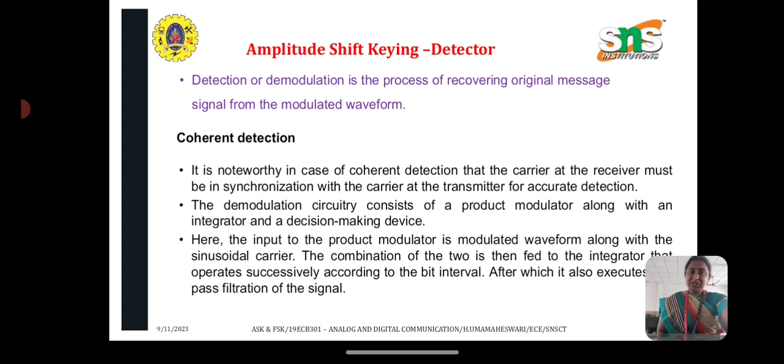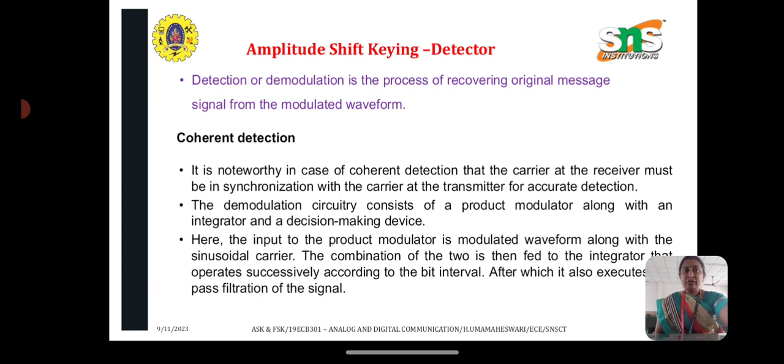Detection involves two processes: one is coherent detection and the other is non-coherent detection. In coherent detection, the carrier at the receiver must be in synchronization with the carrier at the transmitter. The demodulation circuitry consists of a product modulator along with an integrator and a decision making device. The input to the product modulator is the modulated waveform along with the sinusoidal carrier.